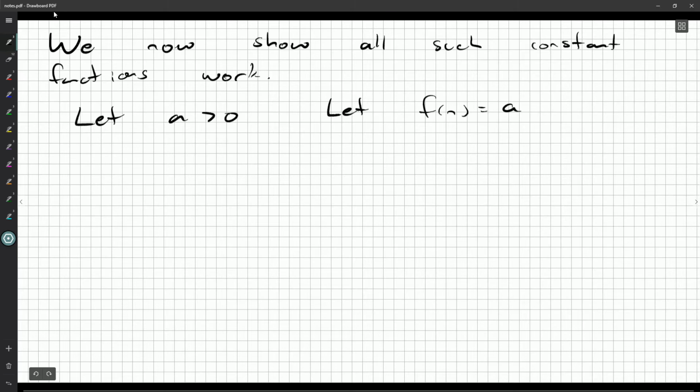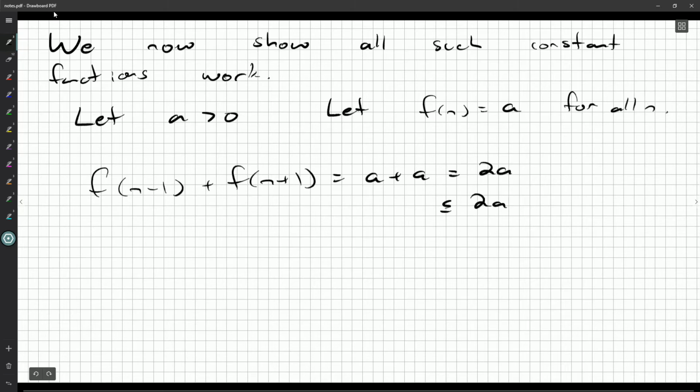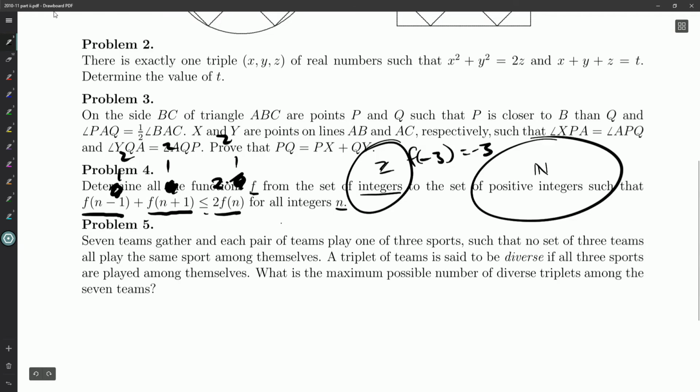So I might say let a be a positive value because the outputs are positive. Let f(n) be a for all n. Okay. Then f(n-1)+f(n+1) is a+a, which is 2a, which is less than or equal to 2a, which of course is equal to 2 times f(n). So as a conclusion, what phrasing did they use?